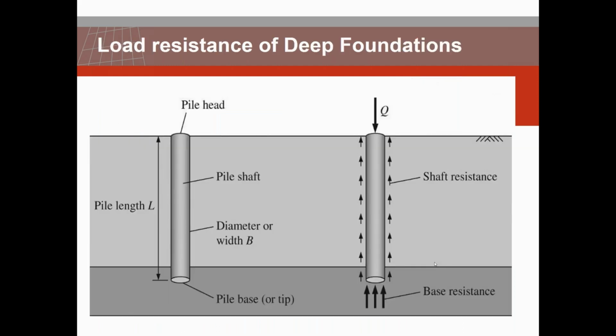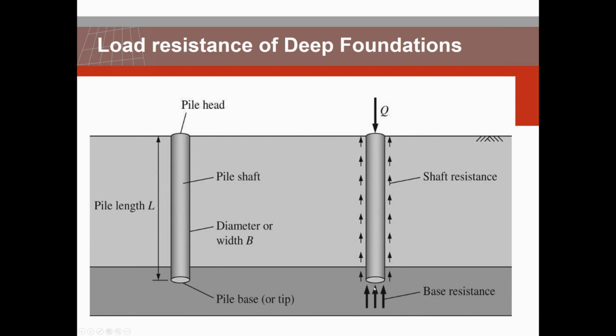Let's have a look at the load transfer mechanism of the pile. On this sketch, on the left side you have a pile of length L with the pile head, the pile base, or pile tip. The diameter of this pile is B, and here is the pile shaft, the skin. When we load the pile on the top, loads are transmitted mainly by two things: the shaft friction along the skin of the pile and through the base of the pile, near the pile tip.